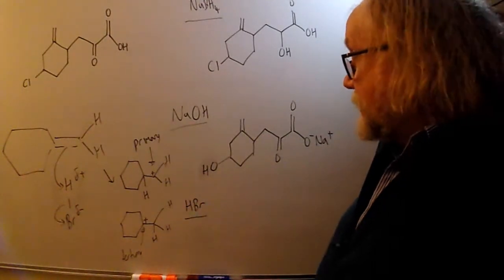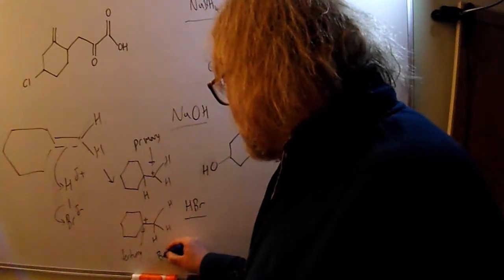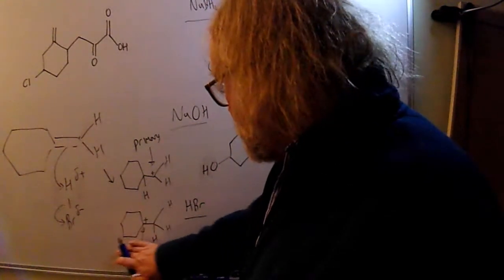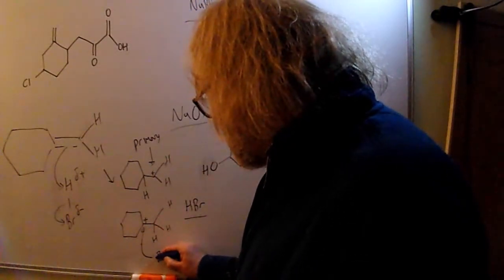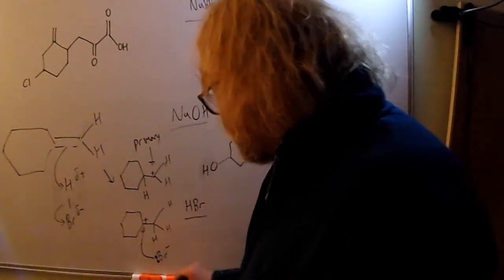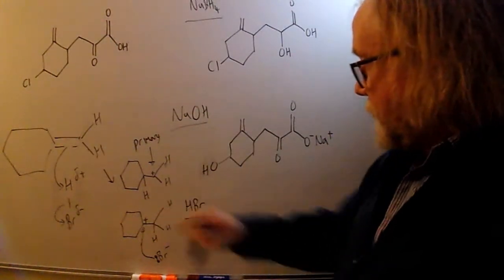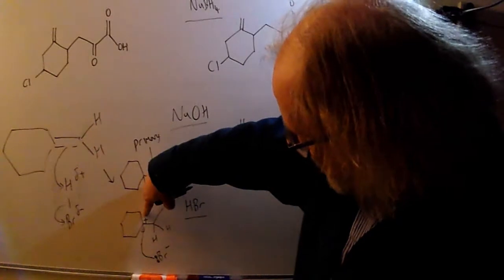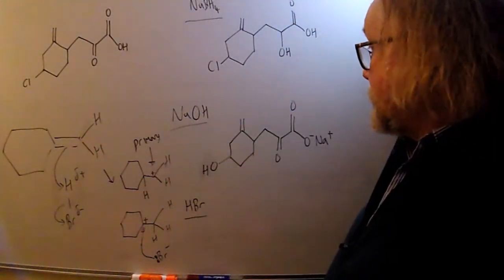And therefore that's going to lead to the product, and of course the product is formed simply by the Br- ion that's created in this stage, coming in here and using its lone pair to bond to that carbon there. So that tells you that the bromine is predominantly going to end up on that carbon, the one that's right next to the ring, rather than the one on the end.